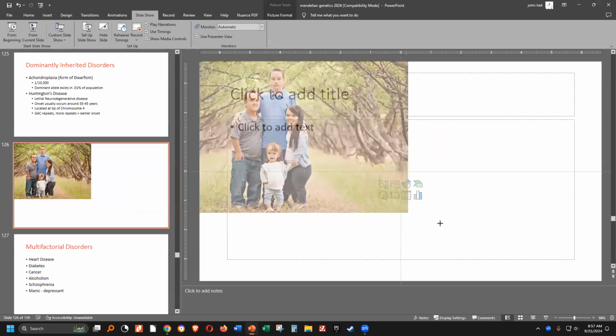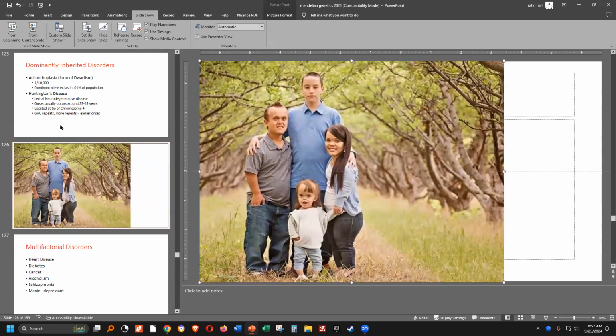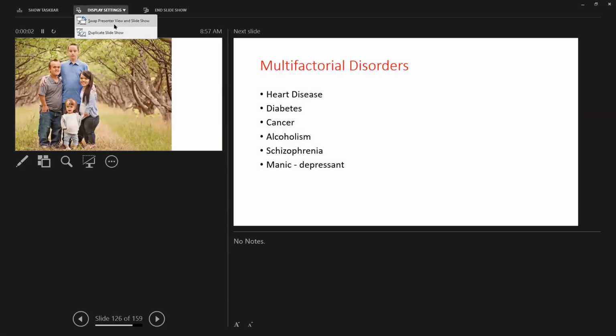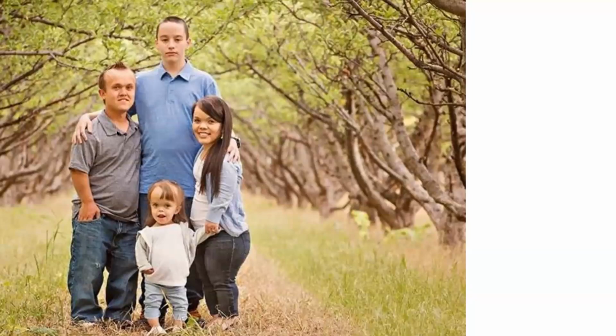All right. You're looking at a family here, right? This is their daughter. That is their son. Right? Daughter, son, father, mother. Right? That looks crazy.